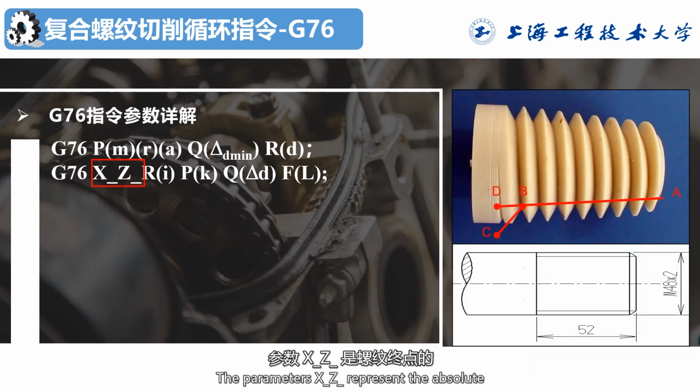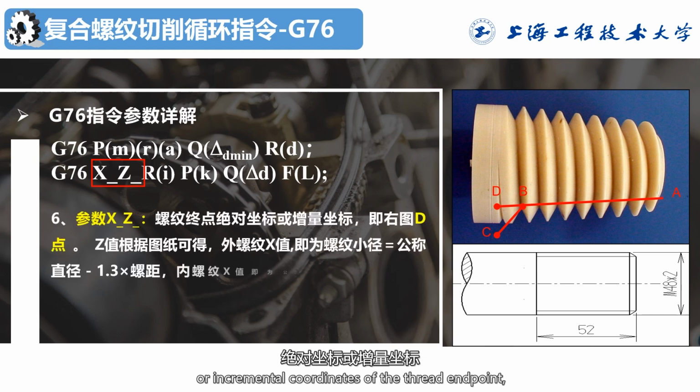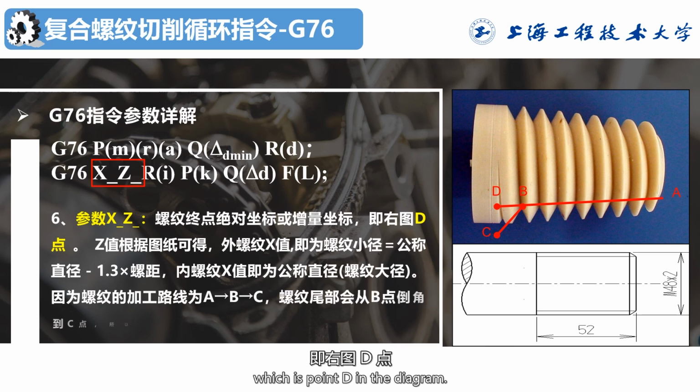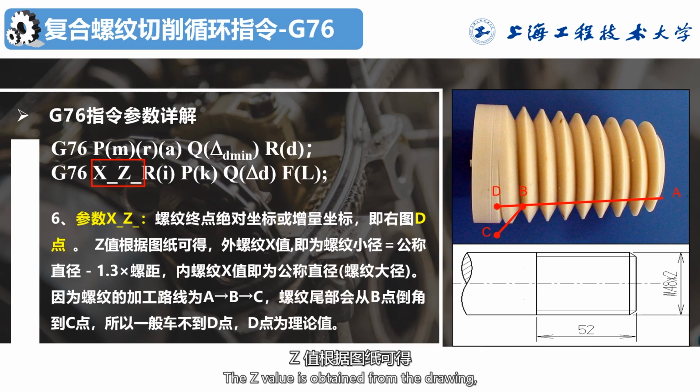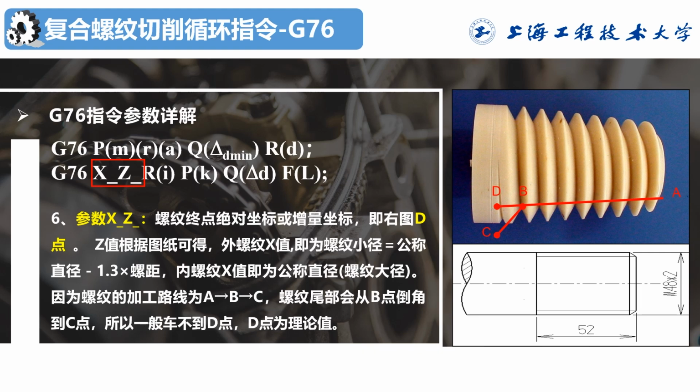The parameters x and z represent the absolute or incremental coordinates of the thread endpoint, which is point D in the diagram. The z value is obtained from the drawing, and for external threads, the x value is the minor diameter of the thread, equal to nominal diameter minus 1.3 multiplied by the pitch.